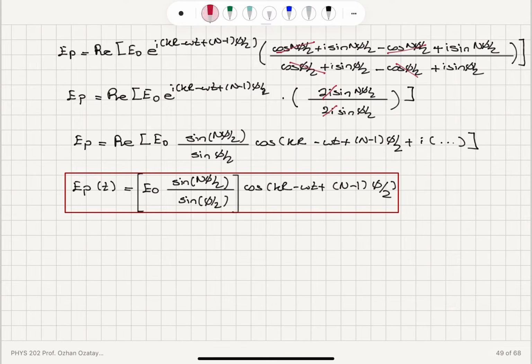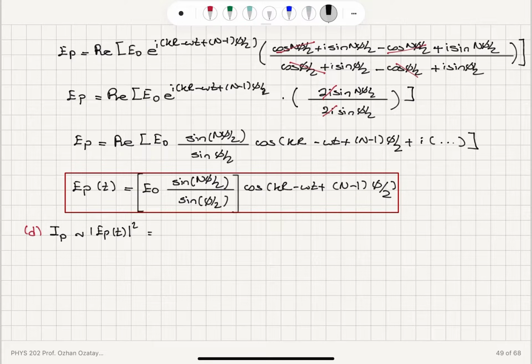Okay. So we have this result from part C. The amplitude is E0 sin(Nφ/2) over sin(φ/2). The intensity at point P will be proportional to the amplitude of the electric field at that point squared.